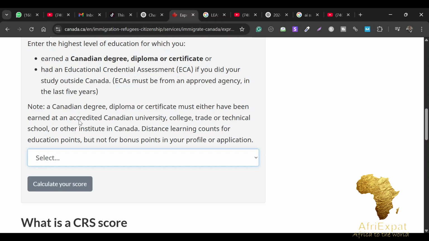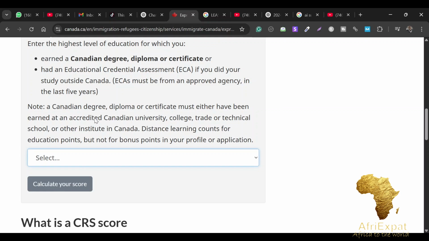For example, if you have a BSc and an additional diploma that took you three years to get, then you should choose this option. Or if you have a BSc certificate and a diploma that took you two years to get, you can also choose this option because one of the certificates that you have took you more than three years to get. I mean the BSc.